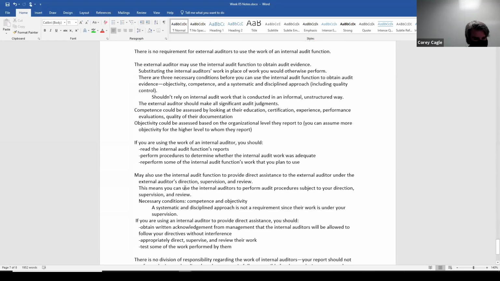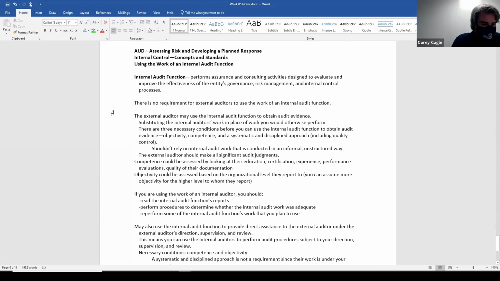And our last section in that case, using the work of internal auditors. So hopefully we know what the internal audit function is. They work for the company. They provide assurance regarding anything really, but they're in place. The company has them. We're not required to use any of their work, but we can use some of it. We can use it to obtain audit evidence.